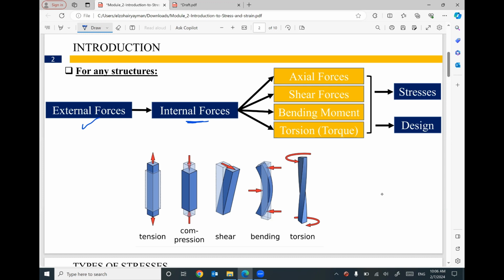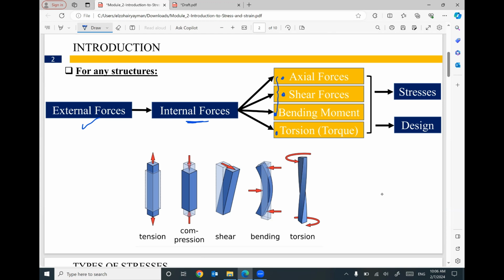Actually, we focused on three forms, but they are four forms. The first one, axial force, shear force, bending moment, and torsion. The first three forms were covered in statics.